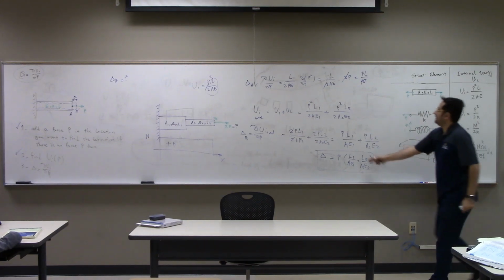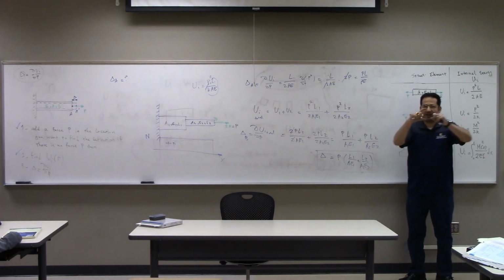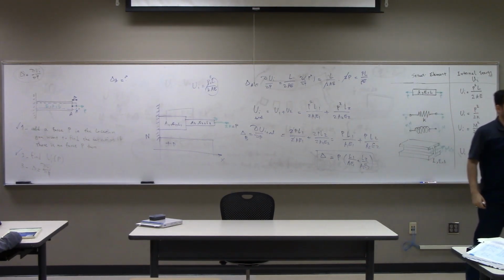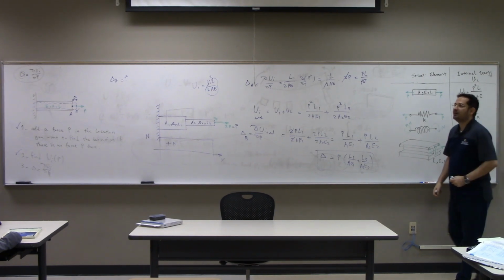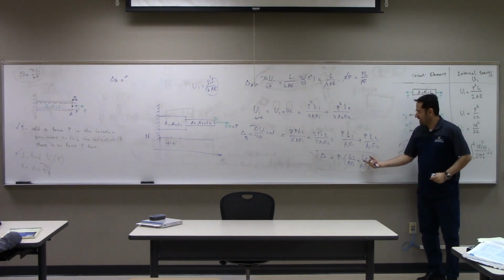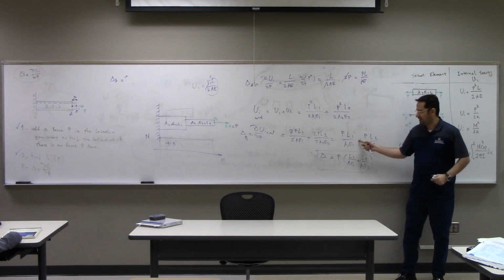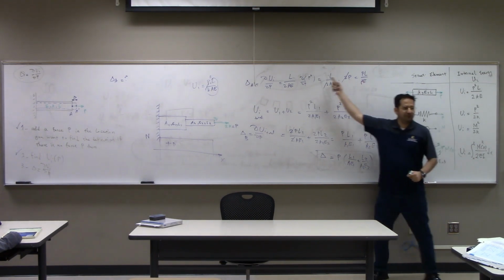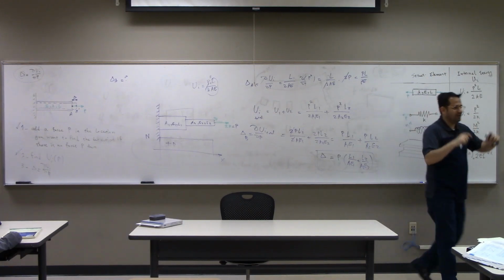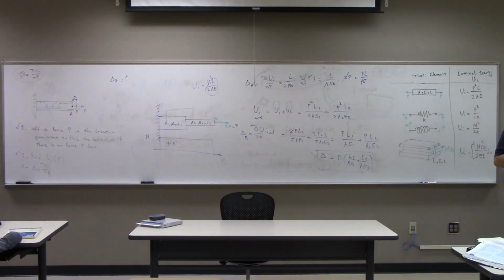Compare this with when we only had one bar. Add in series. Yeah, that means that your total deflection, expand this, is just the summation of the deflection of each bar independently. You see that? And this comes from the integral, the derivative.